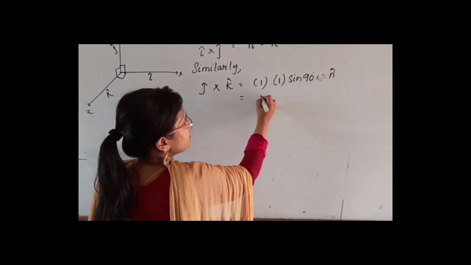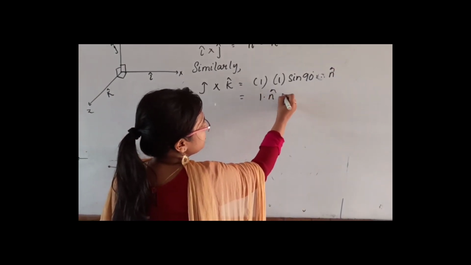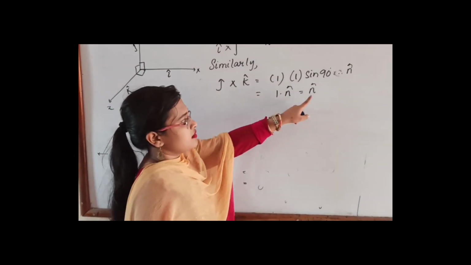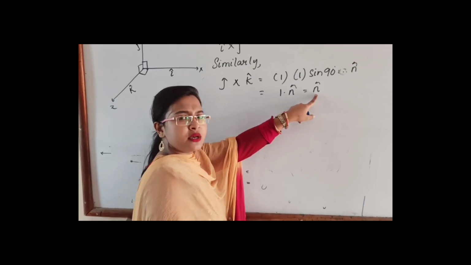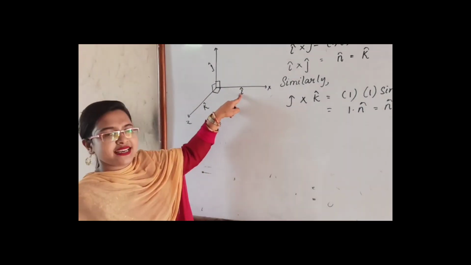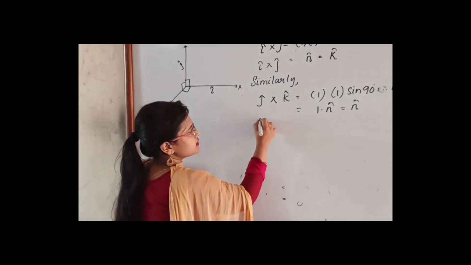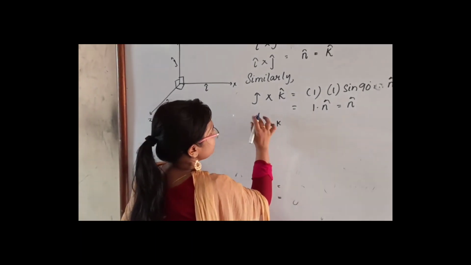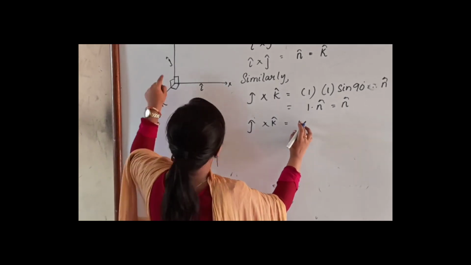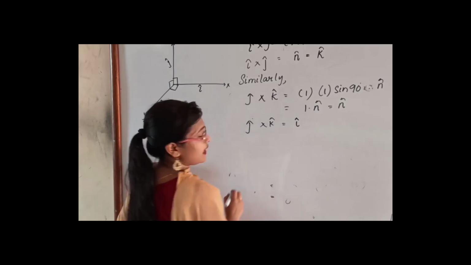So it is 1 into n cap, equal to n cap. Again for j cross k the answer is the unit vector n cap. Which vector is perpendicular to j and k? It is i cap. So j cap cross k cap equals i cap.